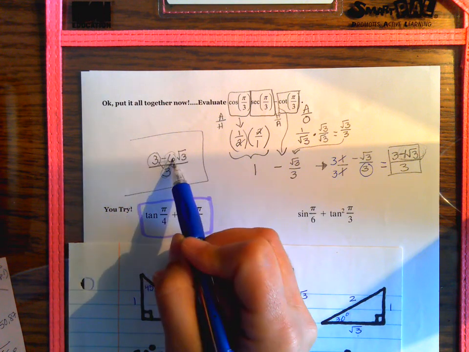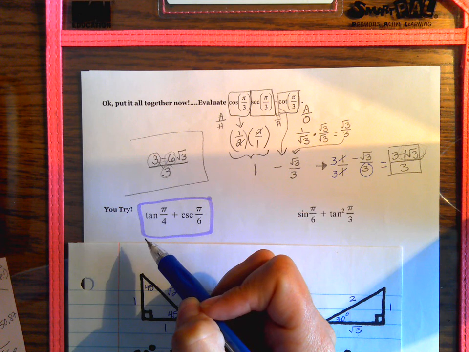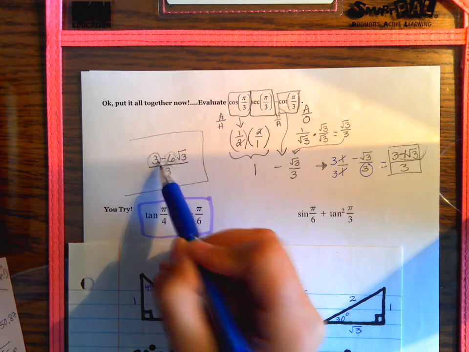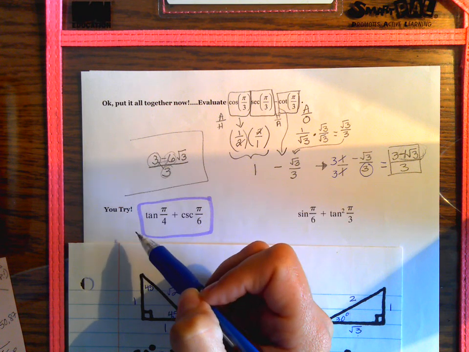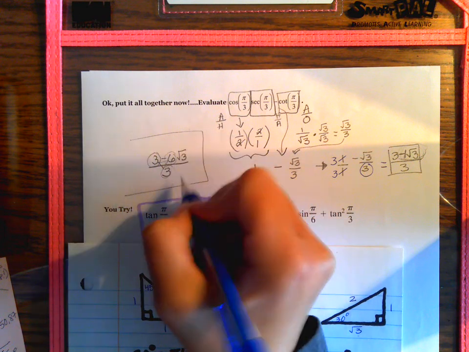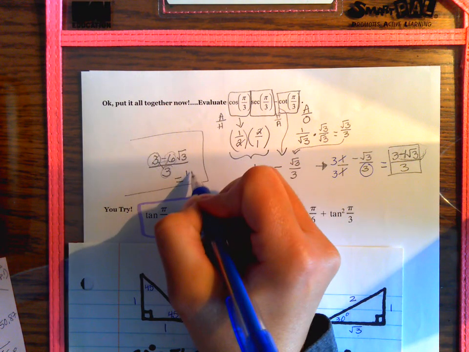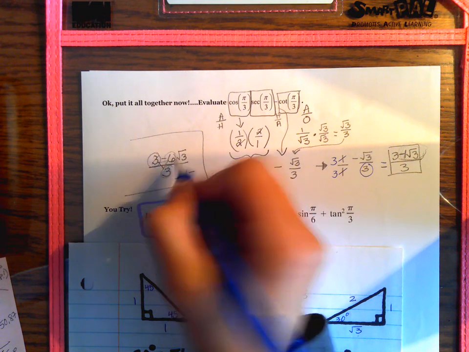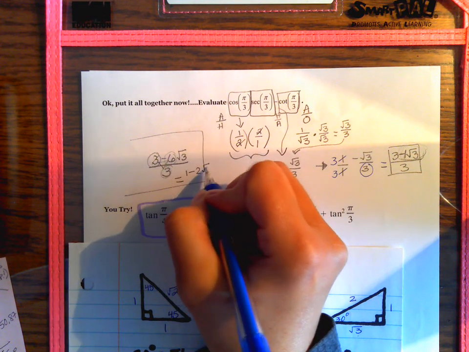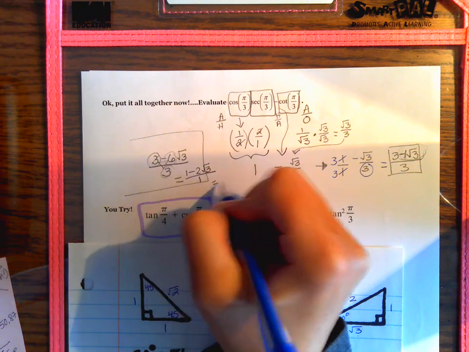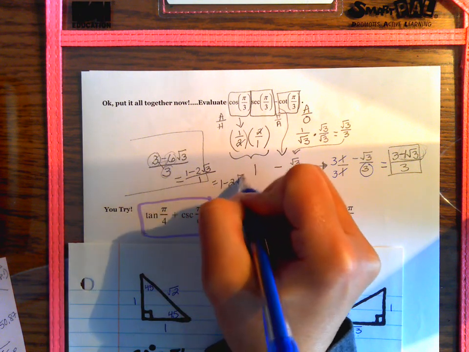All of these I can divide by the same exact number, which is a 3. If you can divide all 3 of these in this little triangle by the same exact number, then you can simplify it. So this 3 becomes a 1, minus 6 divided by 3 is 2 radical 3, all over 3 divided by 3 is 1. So this could just be written as 1 minus 2 radical 3.